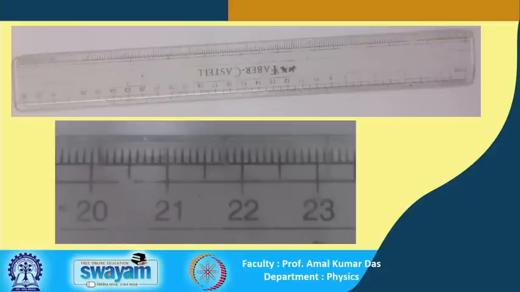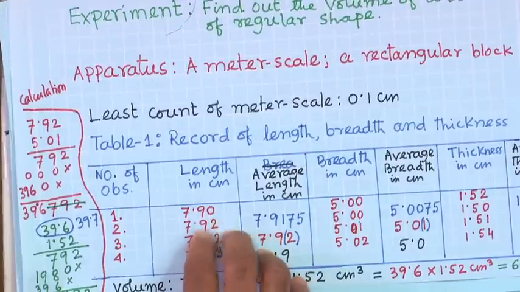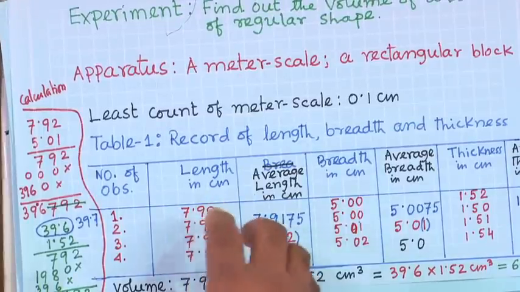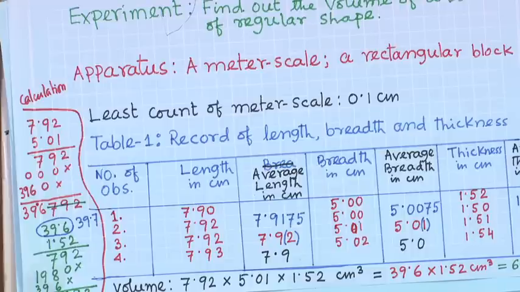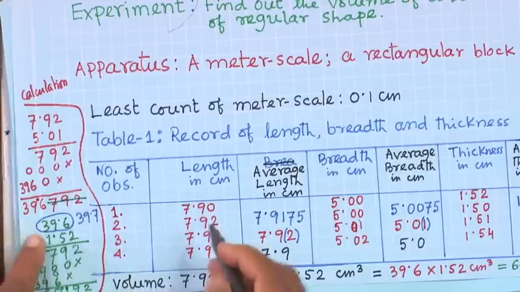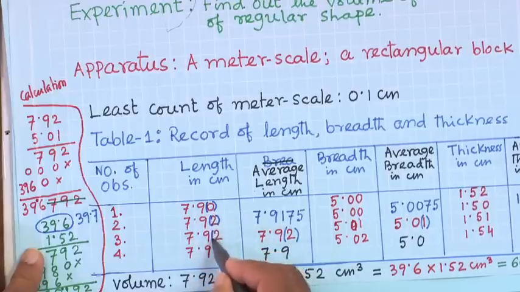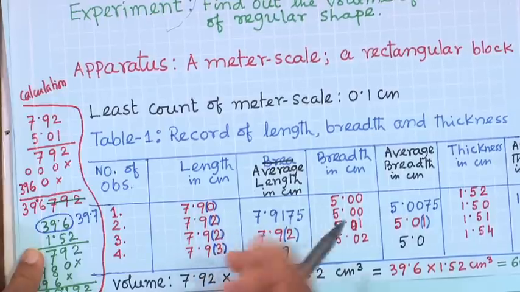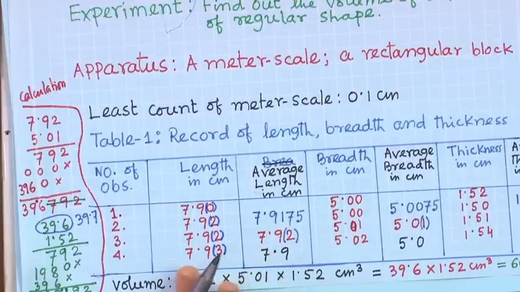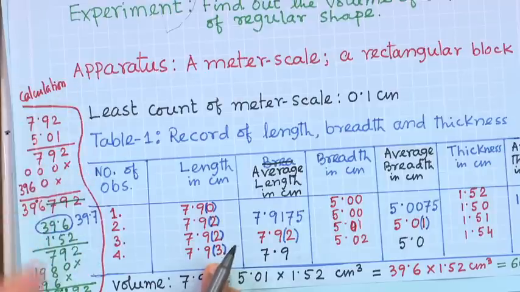That's why here I have written up to the second digit. The first digit, 7.9, is the accurate reading as per the least count of this tool, and the second digit we guess in this measurement, and this is the doubtful digit.